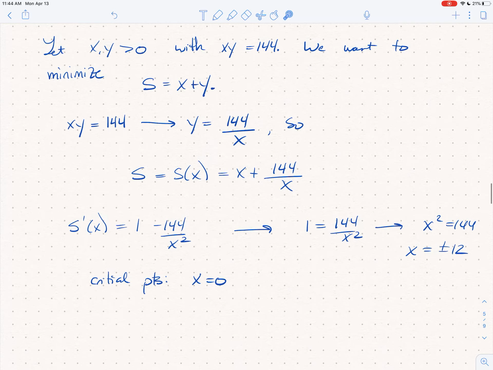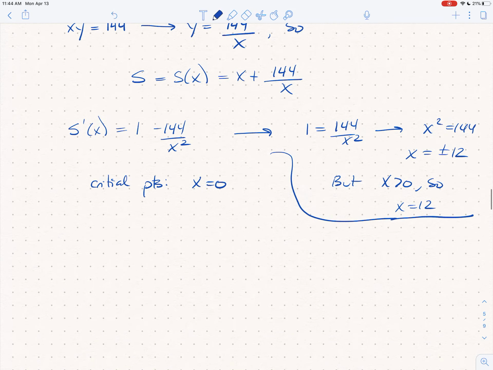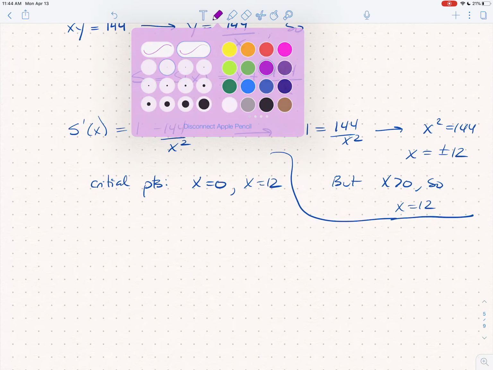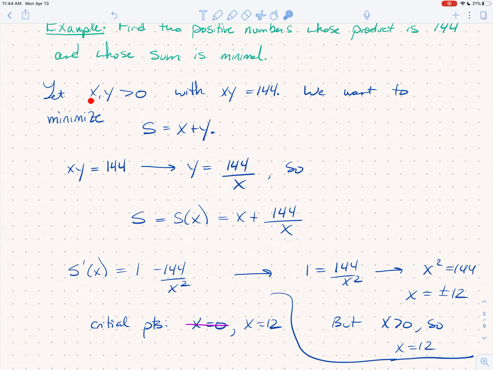However, we're only interested in x values and y values that are larger than 0. So we'll go ahead and say, but x bigger than 0, so we only care about x equals 12. So the critical points are x equals 0, x equals 12. Actually, I can even ignore x equals 0 because I want x bigger than 0.